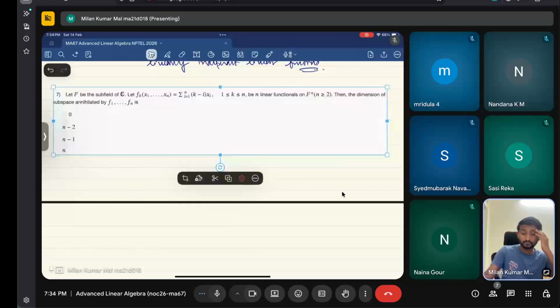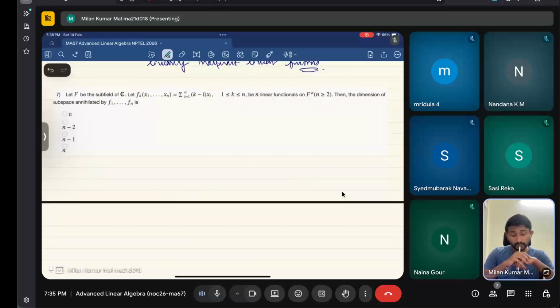So here is the problem. Let F be a subfield of C. You can assume F is complex; that's separate and not going to bother you.